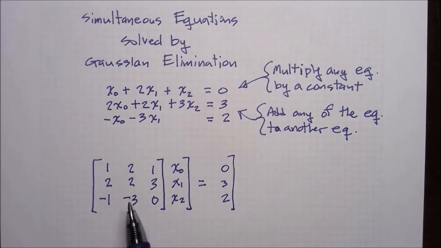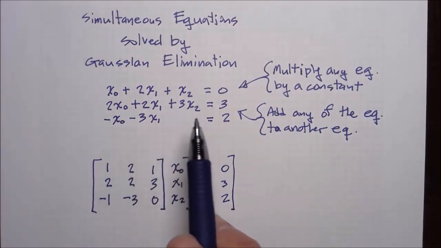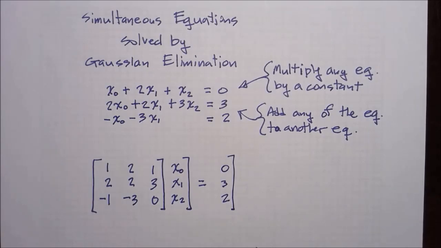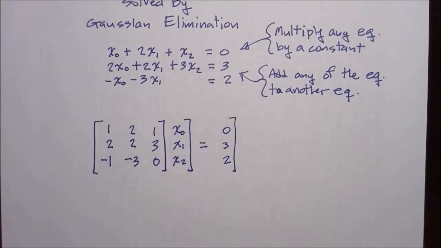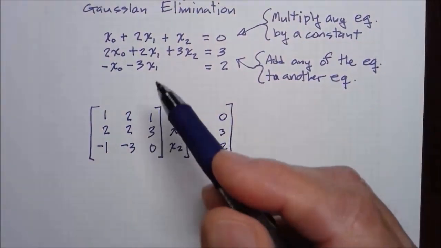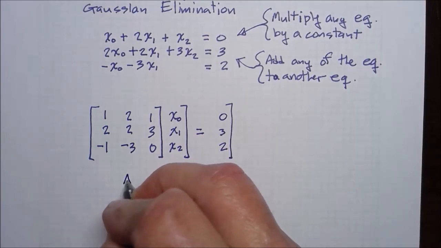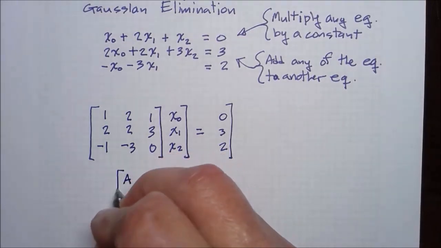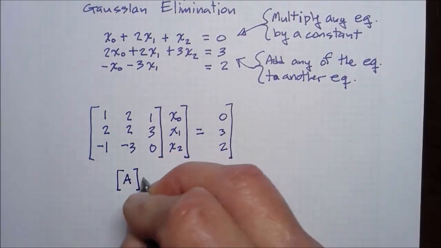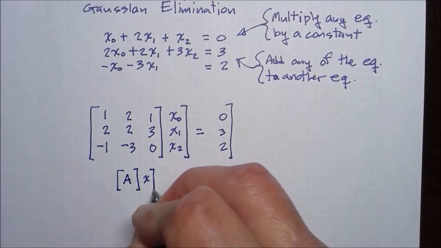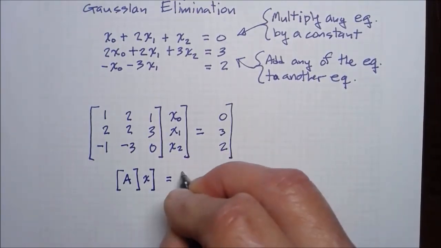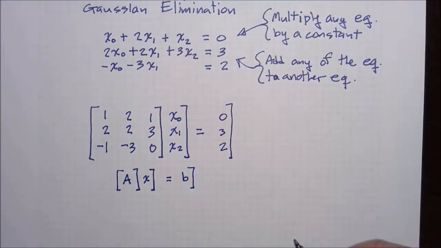Minus x0 minus 3x1 is equal to 2 is exactly the third equation. So all we've done is write this set of equations in matrix form, and symbolically we could write this as a square matrix A times a column matrix X is equal to a column matrix B.